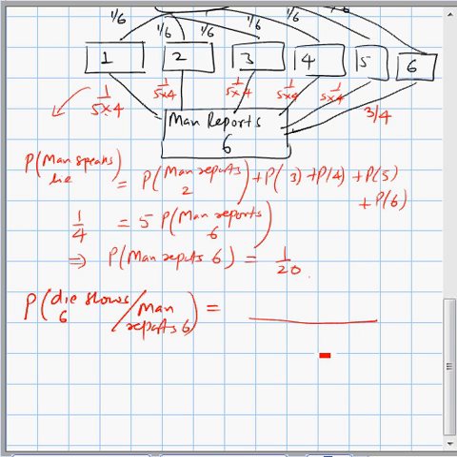The denominator will come out to be 1 by 6 into 3 by 4, that is probability of this event, and then we can add up all these probabilities, 5 times 1 by 6 into 1 by 20, and numerator is 1 by 6 into 3 by 4, because we want this event to happen through this path.